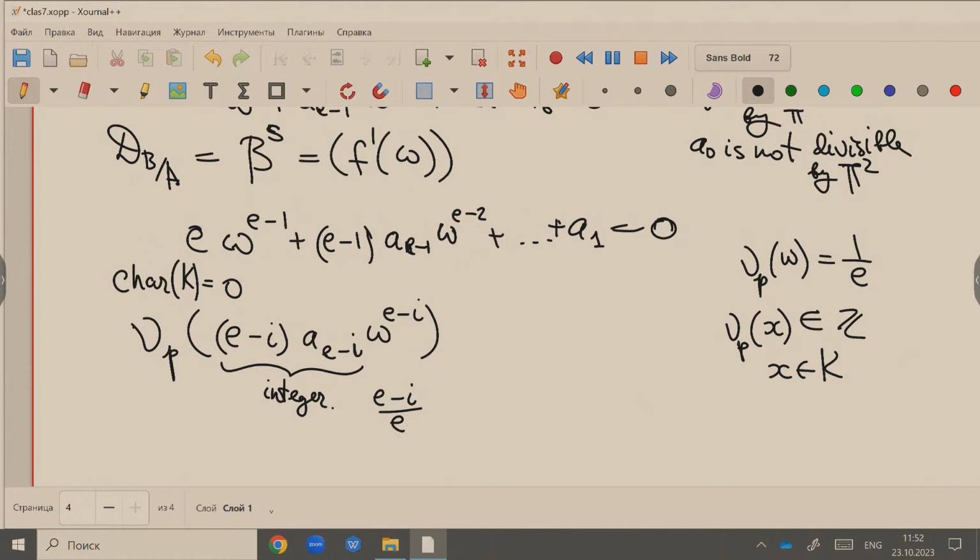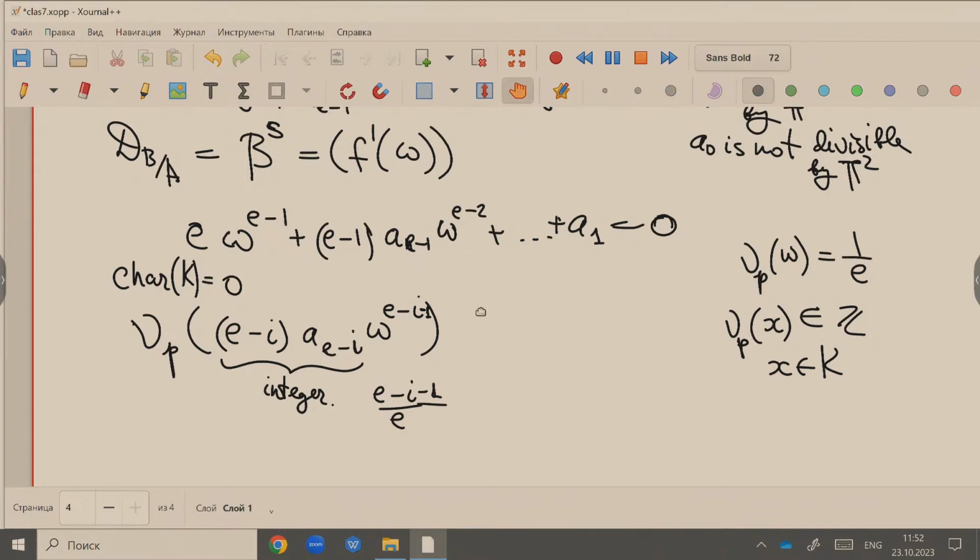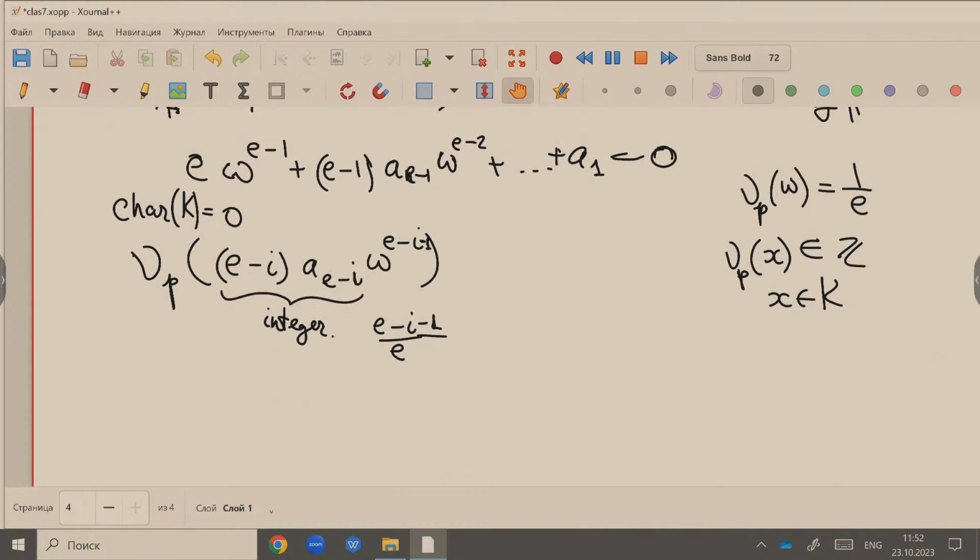But what is important here is that they are pairwise distinct. The valuations are pairwise distinct because, thinking of them as elements of Q mod Z, these are different numbers.